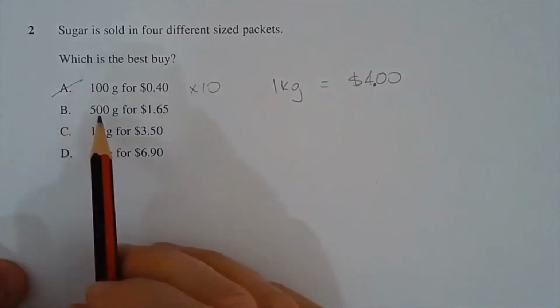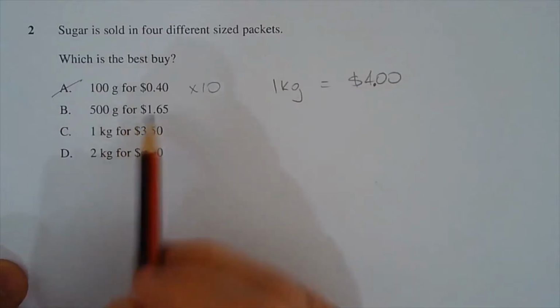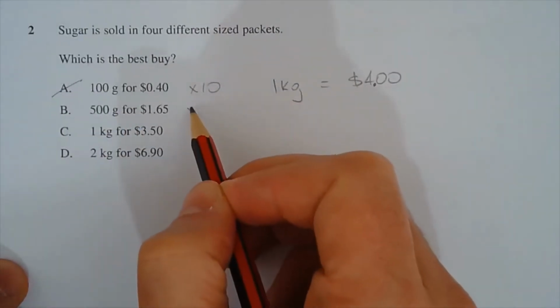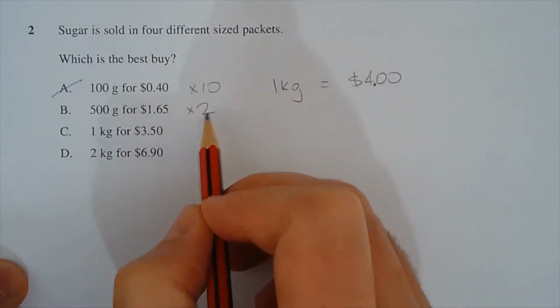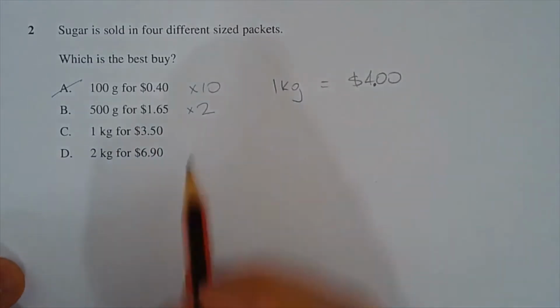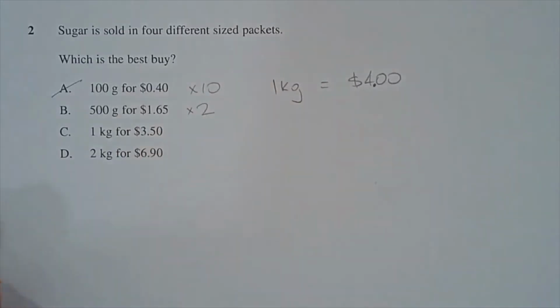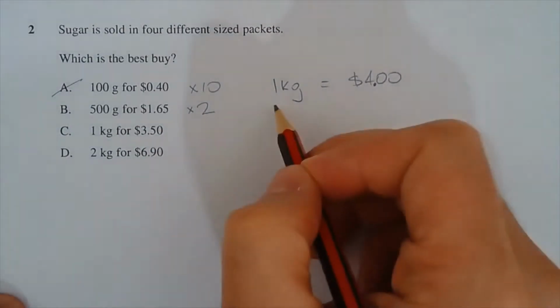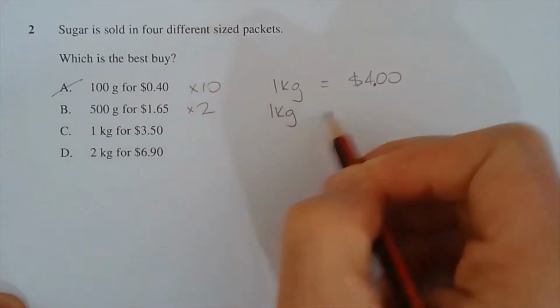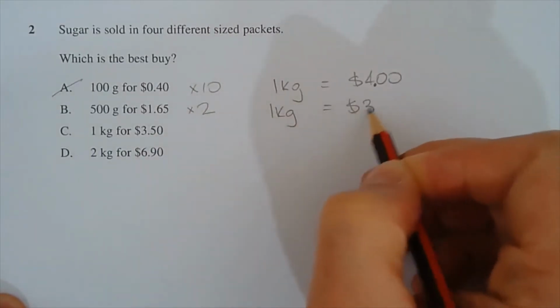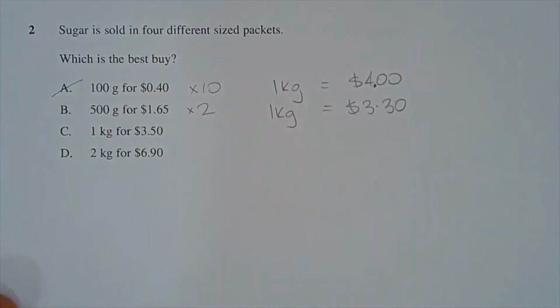What about option B, 500 grams for $1.65? If we multiply that by 2, because there's 2 lots of 500 grams in a kilogram, 2 times $1.65 is $3.30. So 1 kilogram is equal to $3.30.